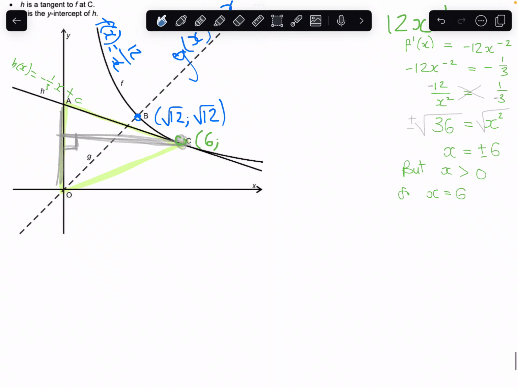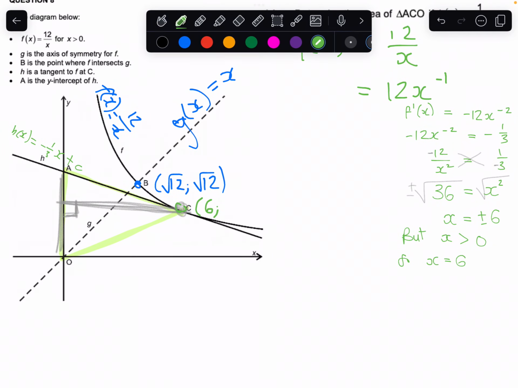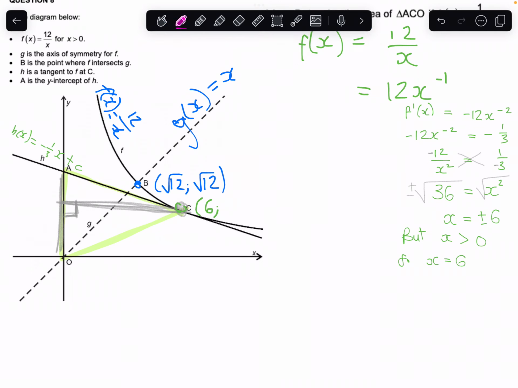Okay, so now to find the y coordinate, the y coordinate of C is going to be whatever the function f evaluates to when x is equal to 6, which is 12 over 6, which is 2. So the y coordinate is 2, right?